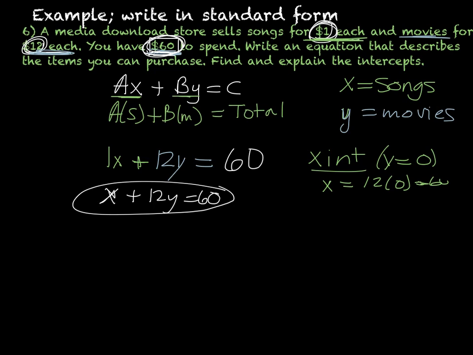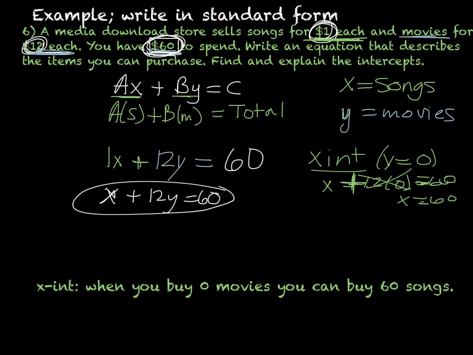Yeah, that should be a plus. So that cancels out, leaving me with x equals 60. So what does my x-intercept mean? What that means is when you buy 0 movies, you can then buy 60 songs.